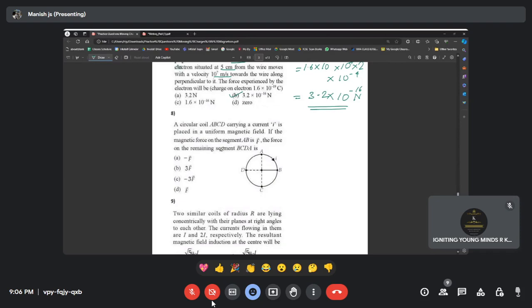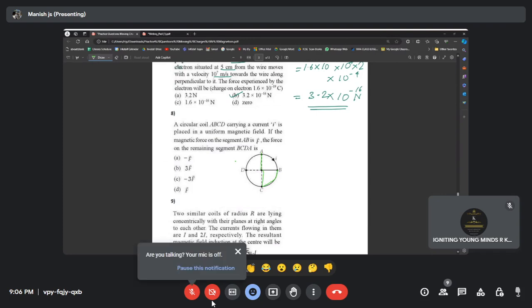So whenever you have a circular coil that is going to carry current, on the remaining segment BCDA, try to underline that particular part. Where is that BCDA part? This is BCDA. Okay, BCDA part, the remaining segment part, we try to find out.